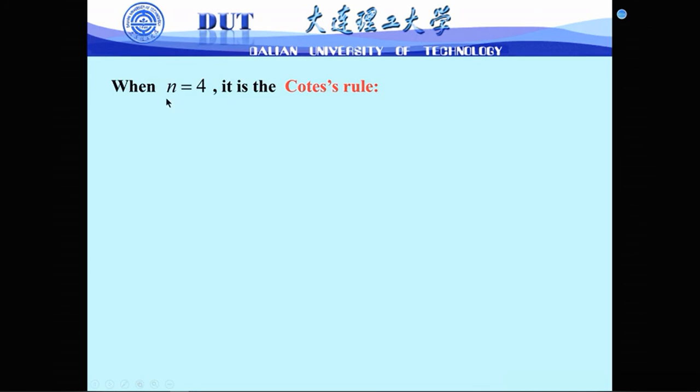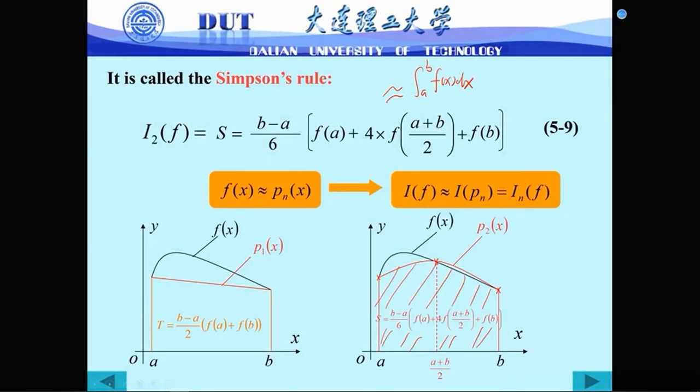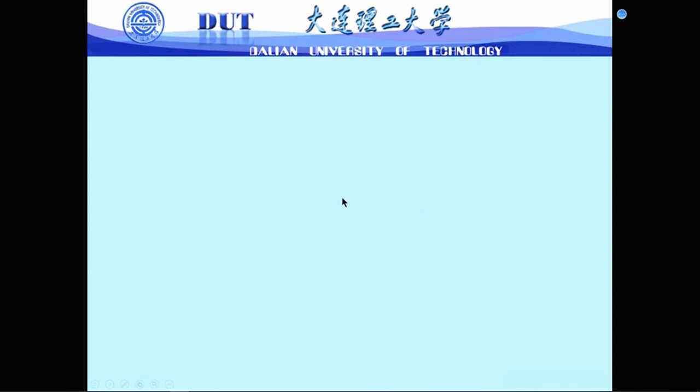Let's consider another case, when n equals 4. Maybe you will ask why we don't consider n equal to 3. For Simpson's rule, n equals 2, because we have 3 nodes. I will explain that later. Now let's practice when n equals 4; then it's the Cotes rule, denoted by I4F.